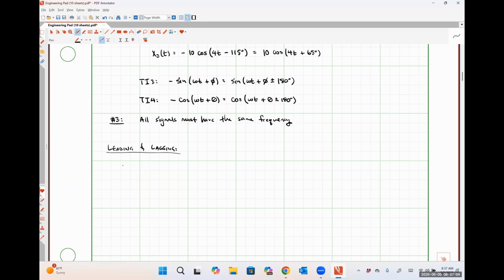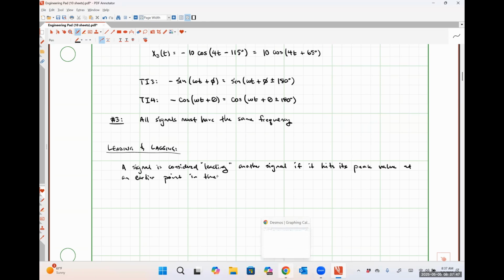So a signal is considered leading another signal if it hits its peak value at an earlier point in time.